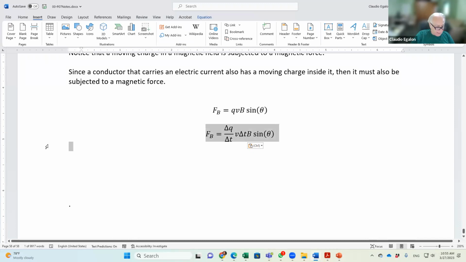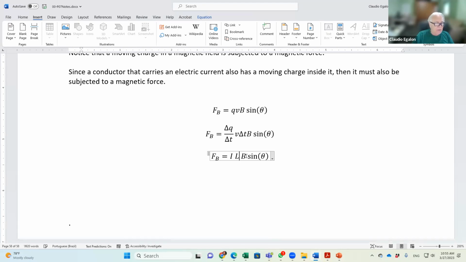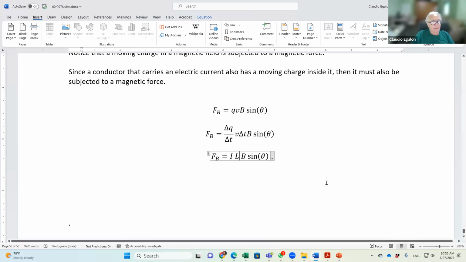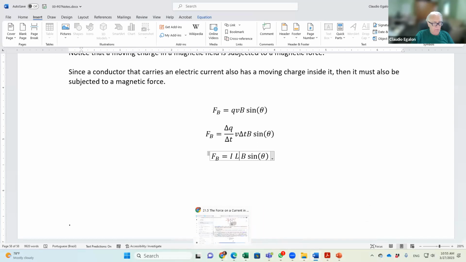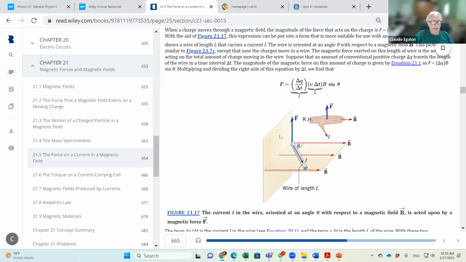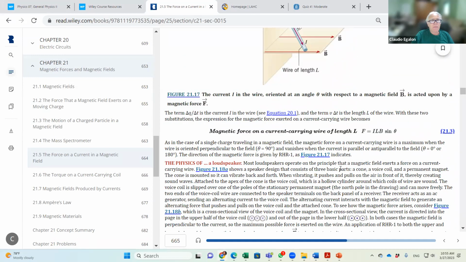And delta Q over delta T is the current, and v times delta T is the length of that section of the wire. So that's the magnetic force in a current carrying wire, in a current carrying conductor. And here you go: I L B sine of theta.